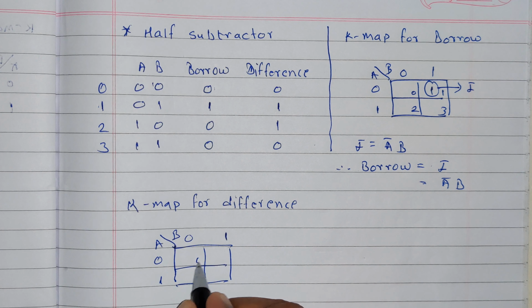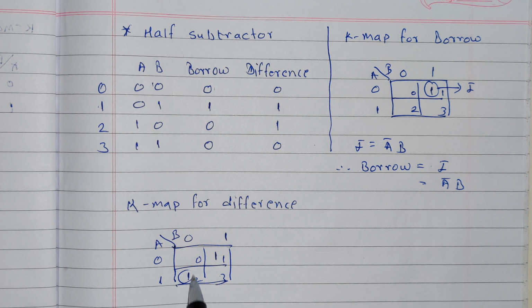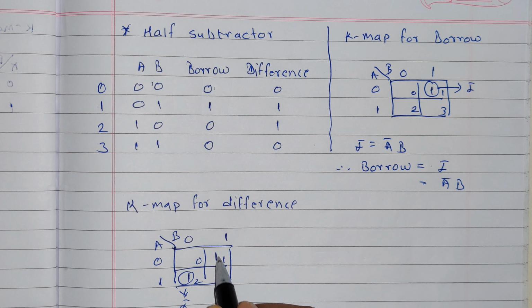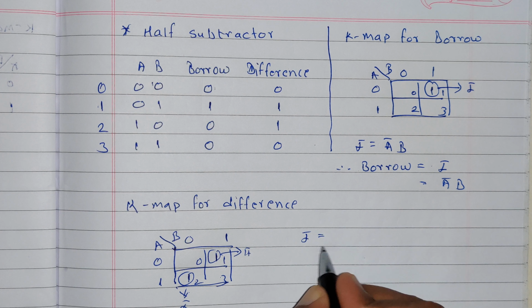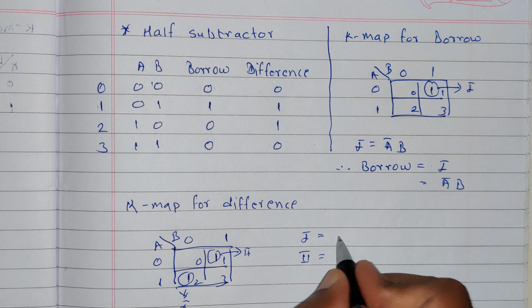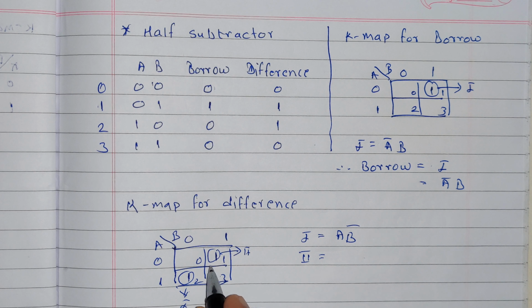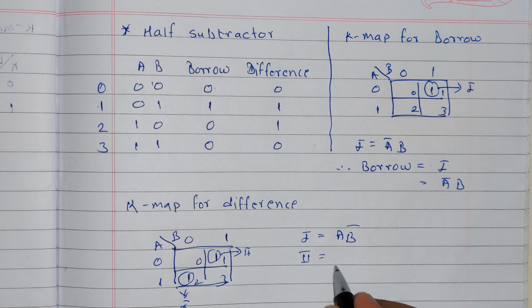Now difference is 1 at 1 and 2. This will be group number 1, this will be group number 2. So let's find the equation of group number 1 and 2. For group number 1, A is 1, B is 0, so we will get A B bar. For this one, A is 0, B is 1, so A bar B.